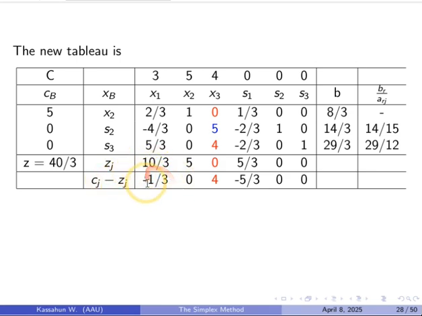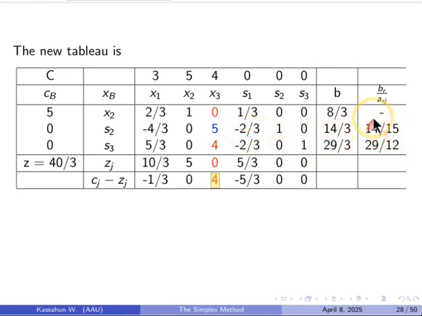Now we have got negative 1, another negative, but still we have a positive. We work on this, so we choose this column and then perform the ratio test for those numbers which are positive only, not including 0. So this number divided by this is 29/12, and 14/3 divided by 5 is 14/15.